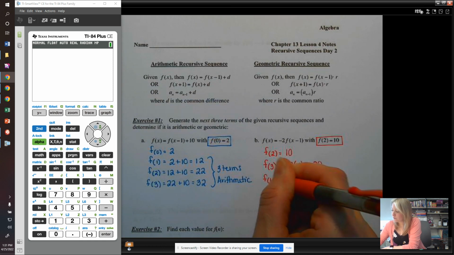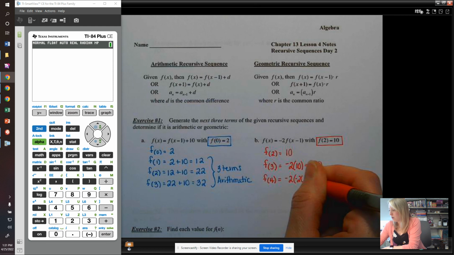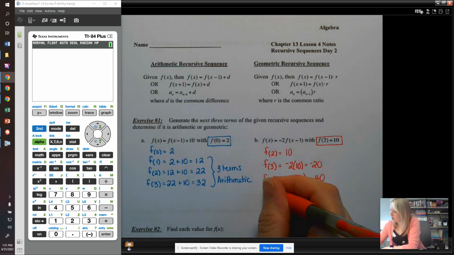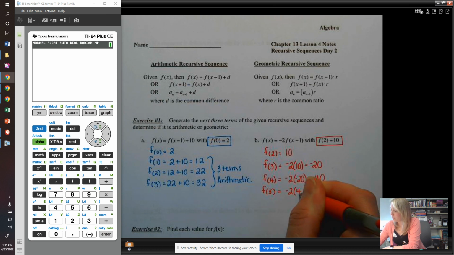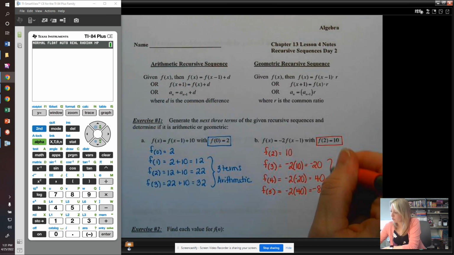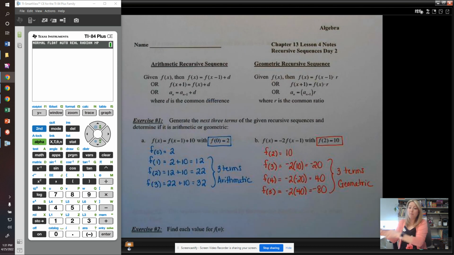I can say f of 4 is -2 times -20, which bounces me back to the positive for 40. And f of 5 is -2 times 40, which bounces me back to -80. So there's my 3 terms, which of course are geometric in nature because I'm multiplying by -2.